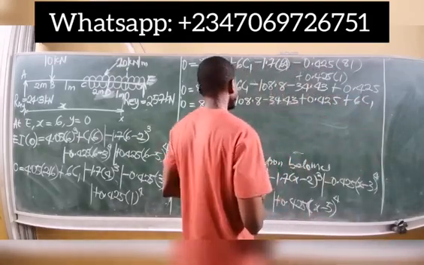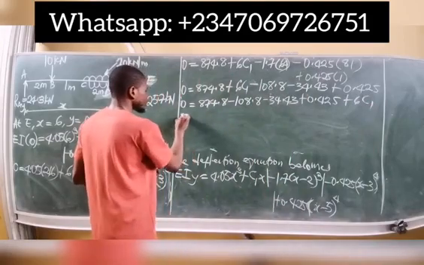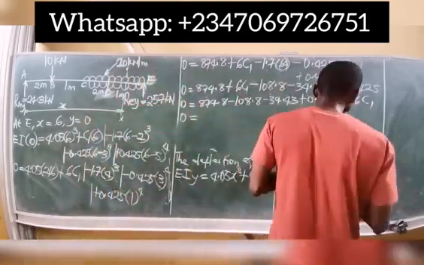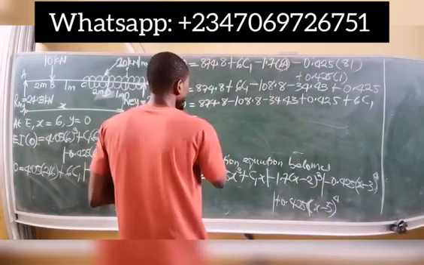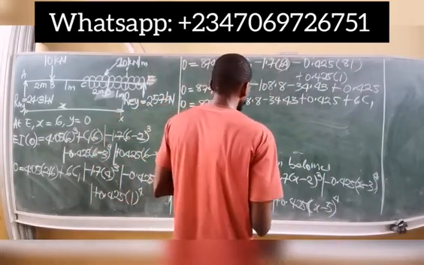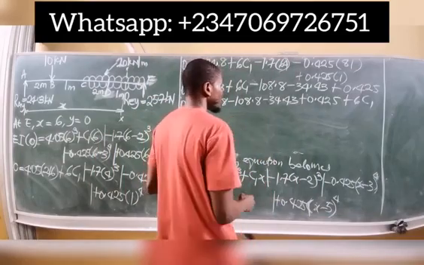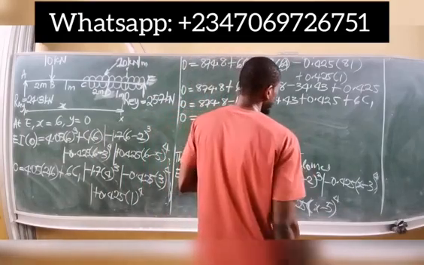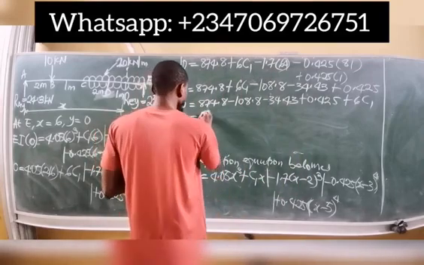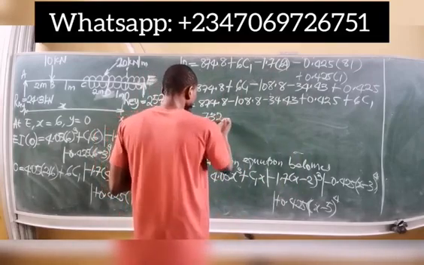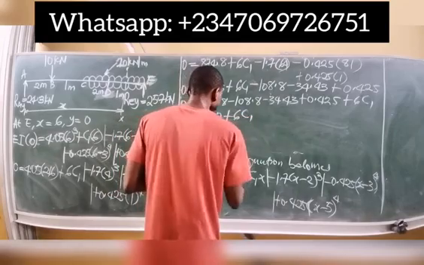We simply have this. So 0 equals 874.8 minus 108.8 minus 34.43 plus 0.425 gives us approximately 732, plus 6 C1.